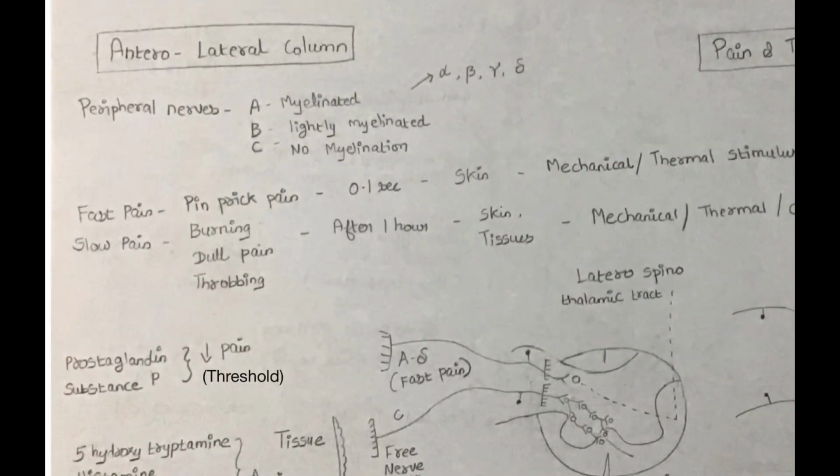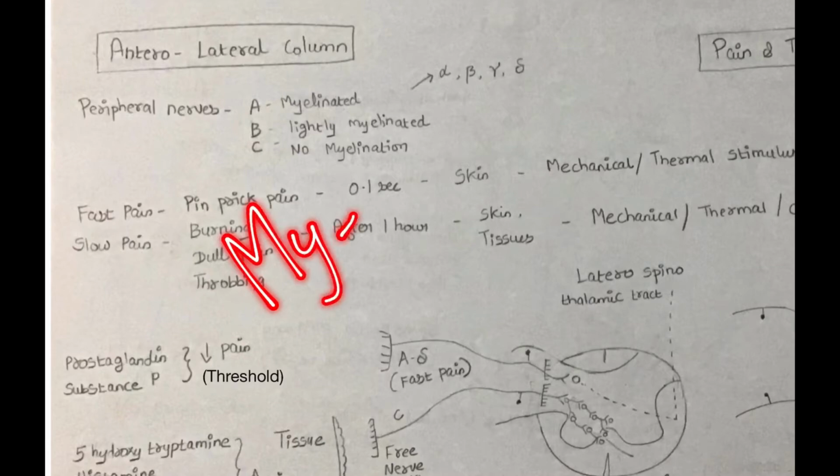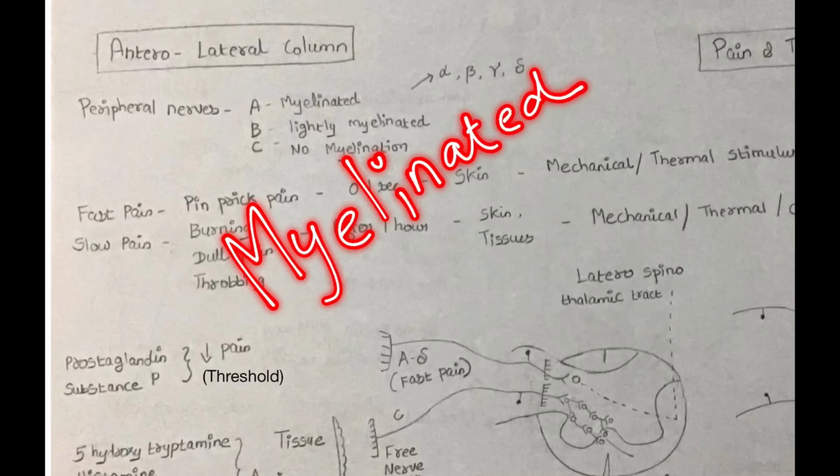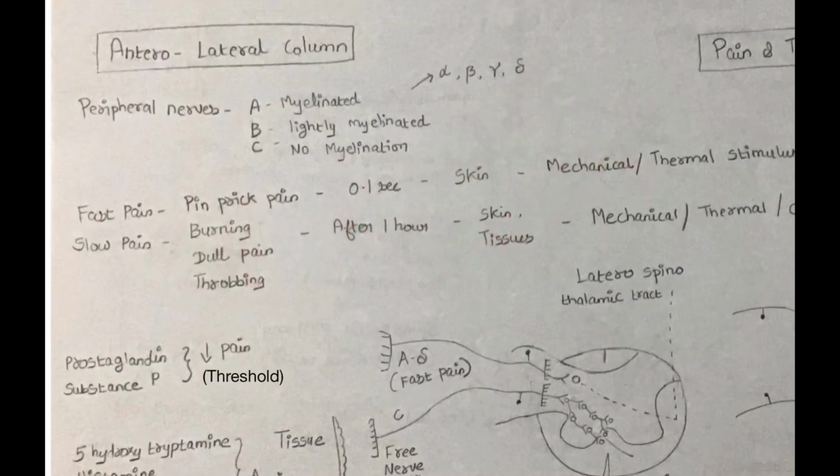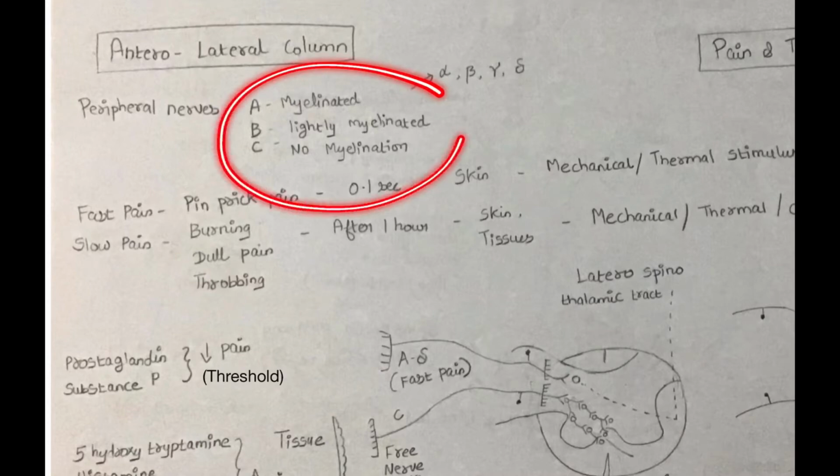What is this myelination I am talking about? We discussed in the previous lecture that the axons are covered by a layer of myelin sheath. In peripheral nerves, some nerve fibers are myelinated, some are lightly myelinated, and some have no myelination, because each nerve fiber has a different function.